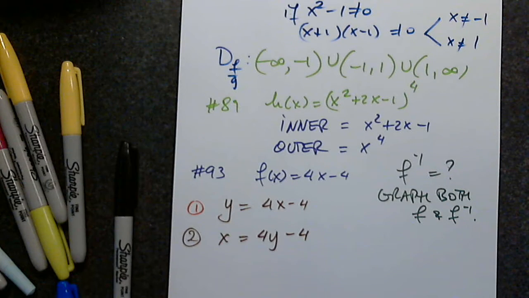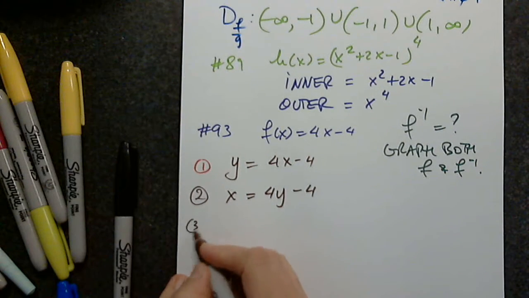We've never done this before. Is it allowed? And if it is allowed, why? Because the y value for function f becomes the x value for which function? For f inverse. Awesome. That's why we are allowed to do it.